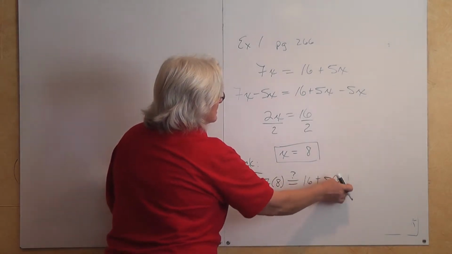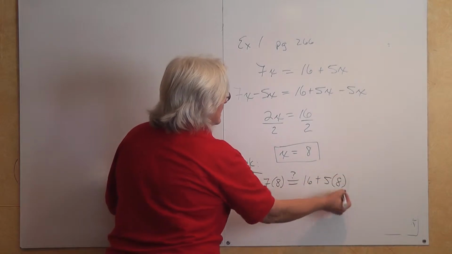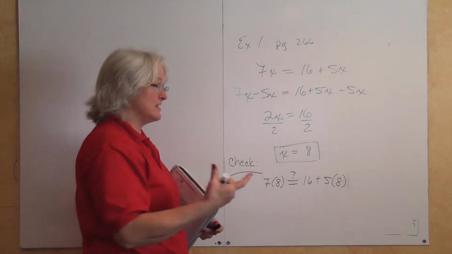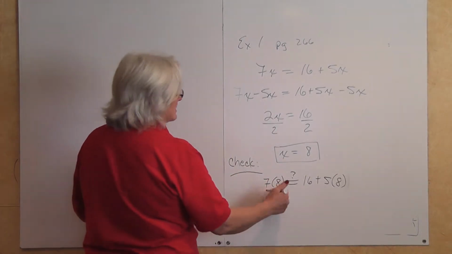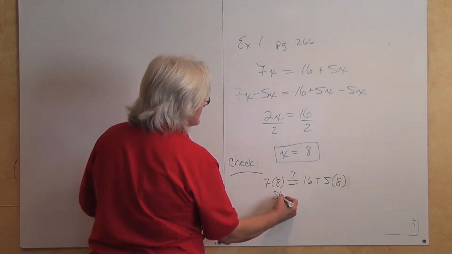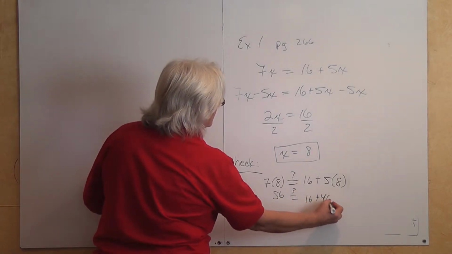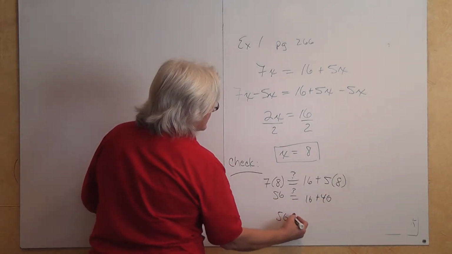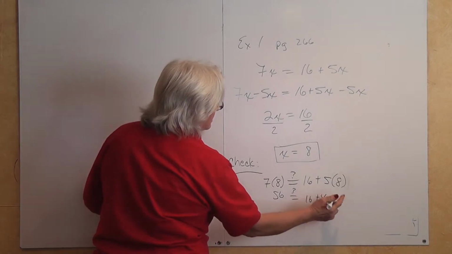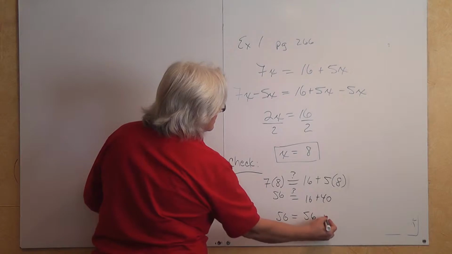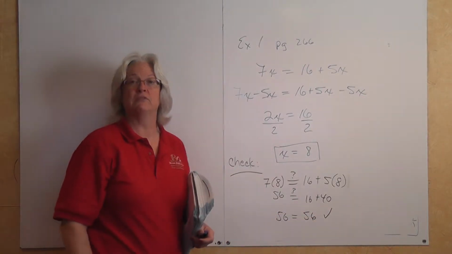Not 5 times 80, it's definitely not equal to 5 times 80. The question mark above the equal sign means, does it equal or is it equal to? 7 times 8, 56. Is that the same as 16 plus 40? Yes, of course it is. 56 is equal to 56.